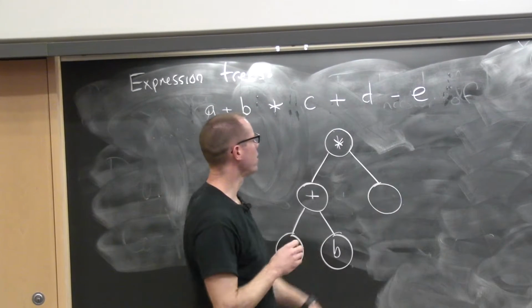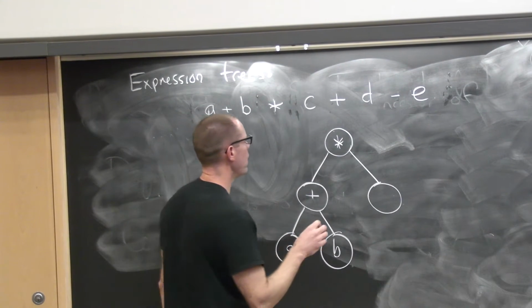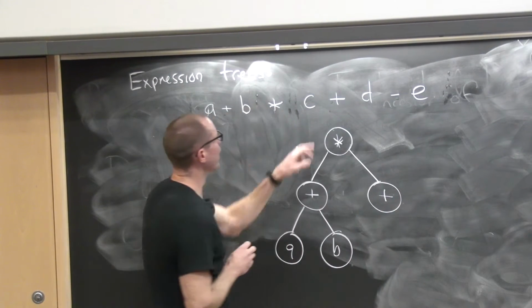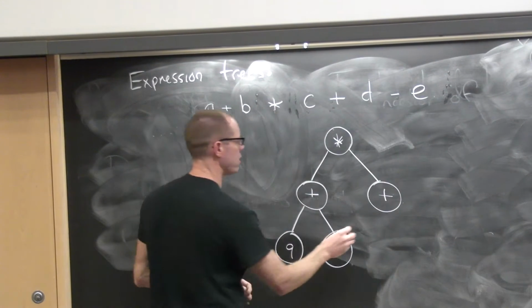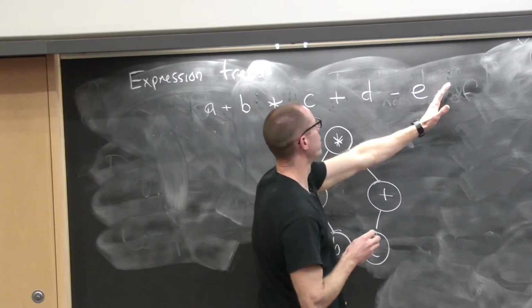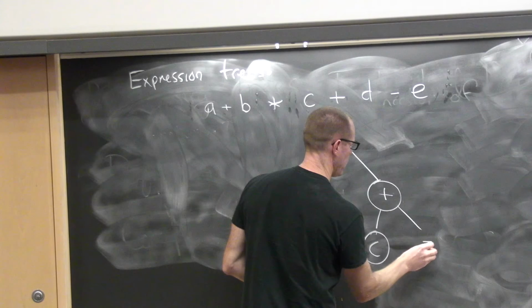Addition and subtraction are at the same level of precedence, so we do them left to right. So the left-hand operand of this plus is the c. The right-hand operand is the expression d minus e.